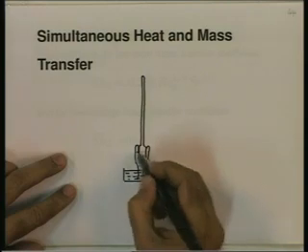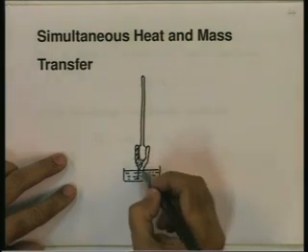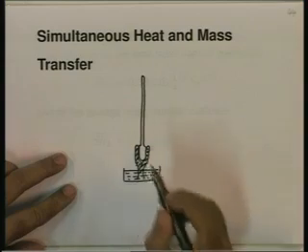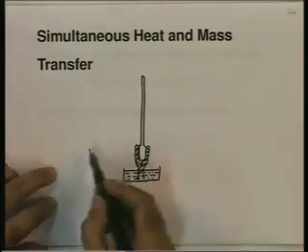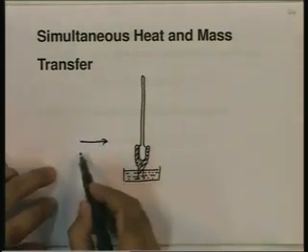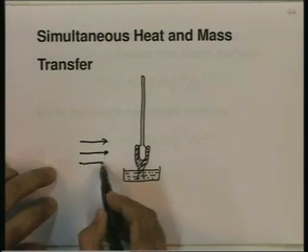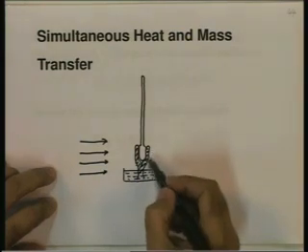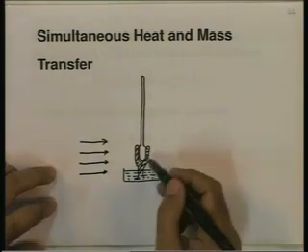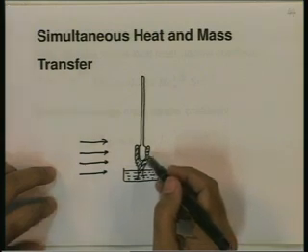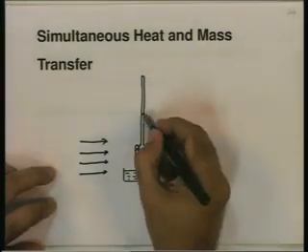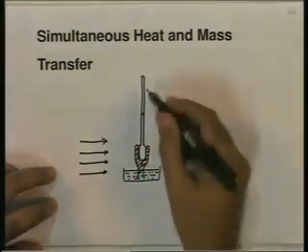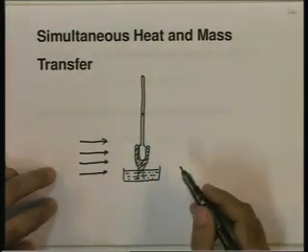So, capillary action keeps the wick wet, and if there is a flow of air on it, the water vapor from the wick evaporates, takes away latent heat, the wick reduces its temperature, and we have the wet bulb temperature measured by the thermometer.